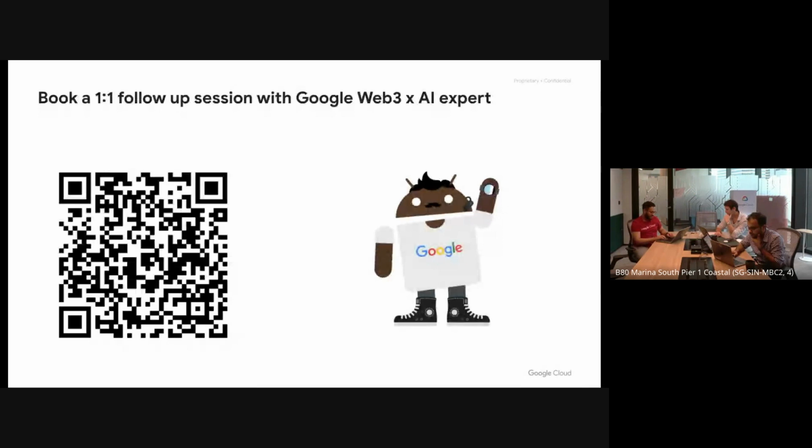Awesome. I think there was one question on the credits. So just to close off, we have something called the Web3 Startup Program. If you Google Cloud Web3 Startup Program, it's a great program. A lot of Web3 companies are leveraging it actively. It has a combination of credits, almost up to 200K over 2 years.